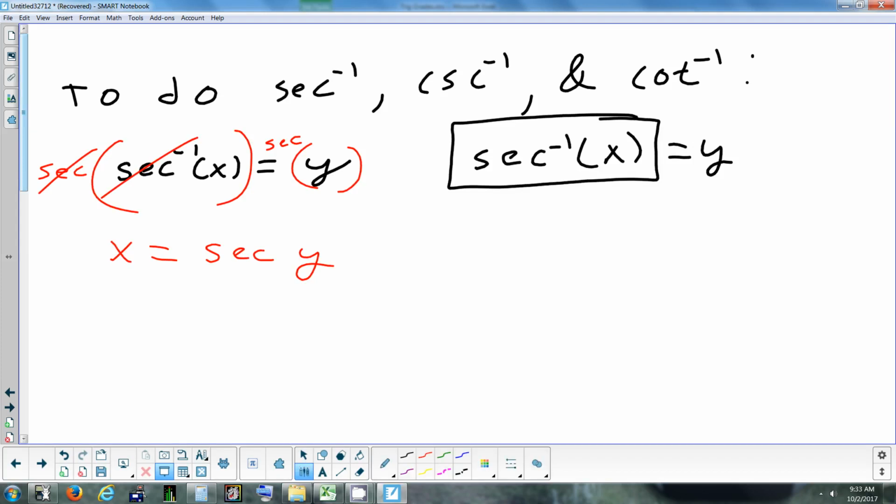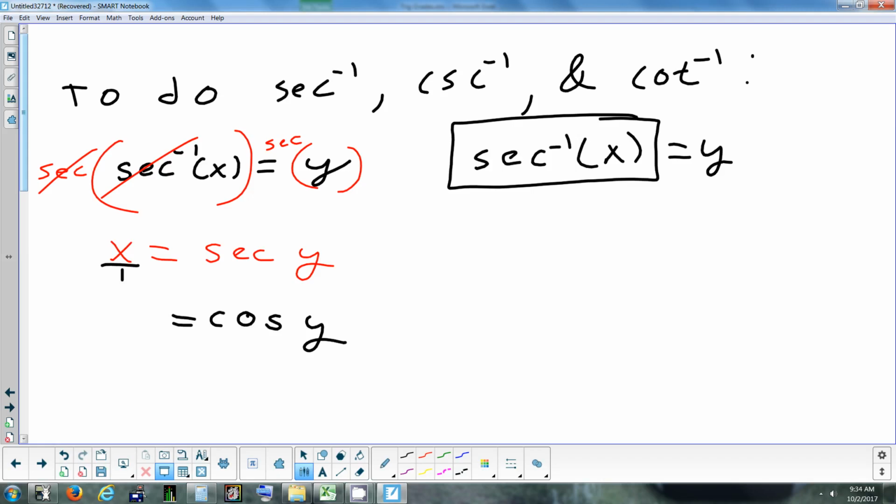What trig function from last week is connected with secant if you flip it? Anybody remember what one? The cosine. So if the secant is x, what do you do to change secant into cosine?